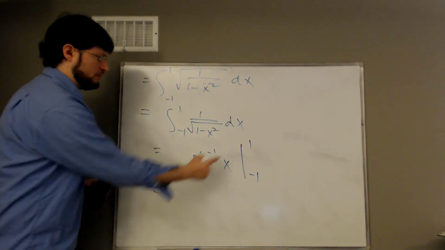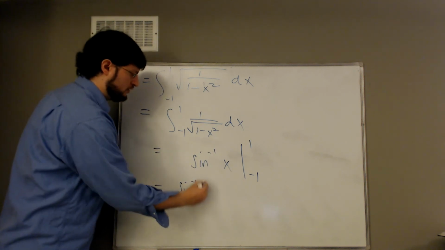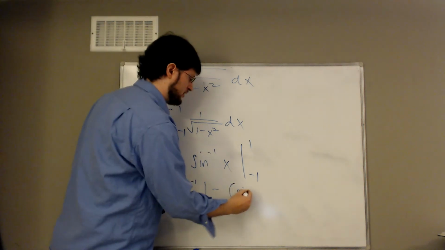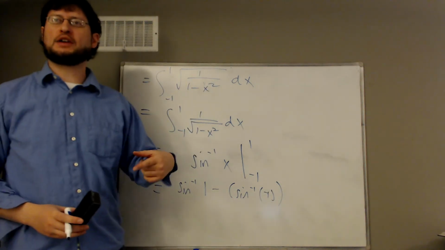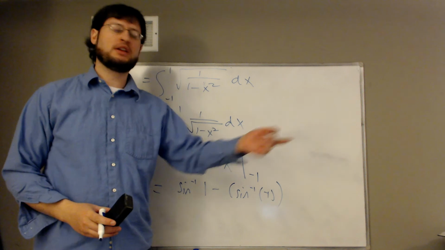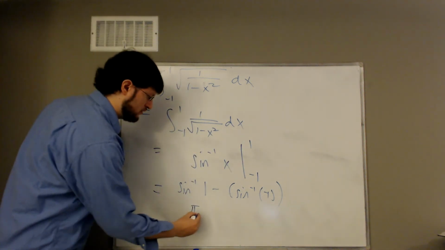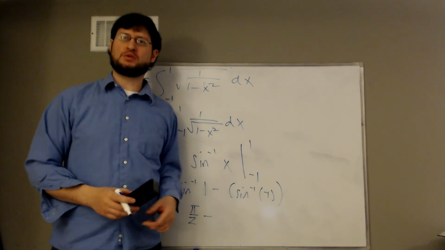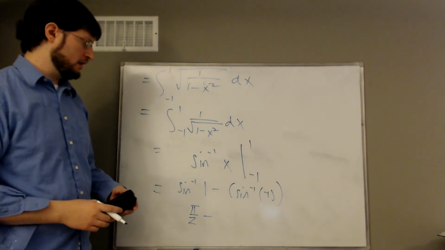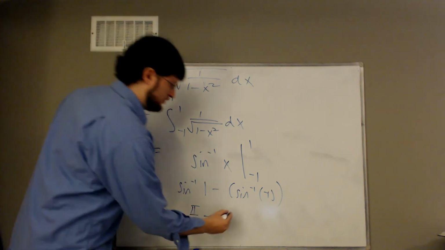And so if we plug in 1, I get sine inverse of 1 minus sine inverse of minus 1. But sine inverse of 1 says what angle gets a y value of 1? Well, that's pi over 2. What angle gets a y value of minus 1? Well, that's negative pi over 2.